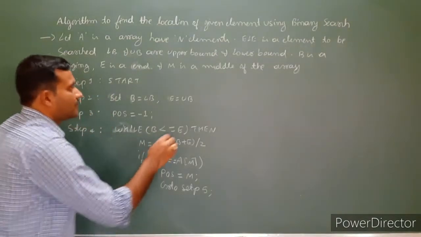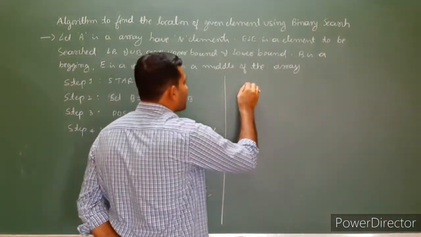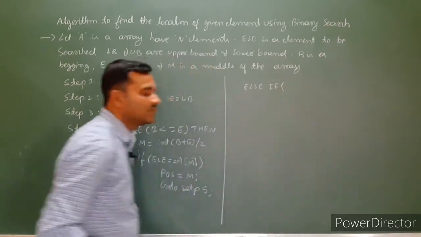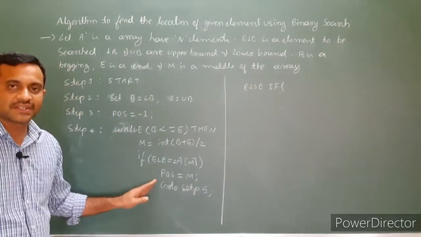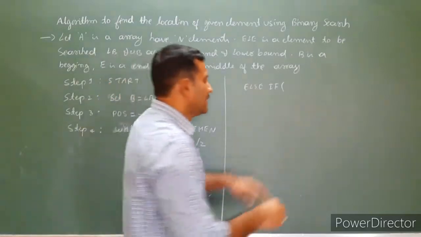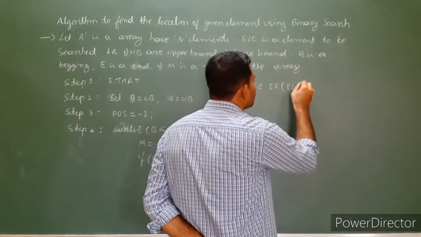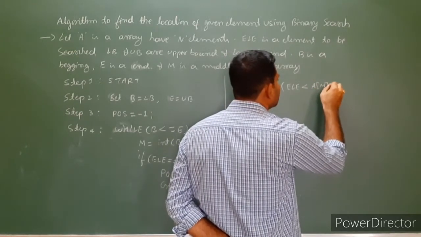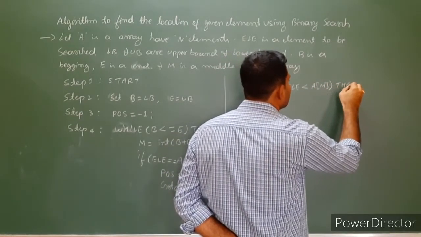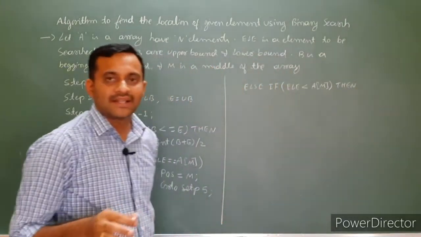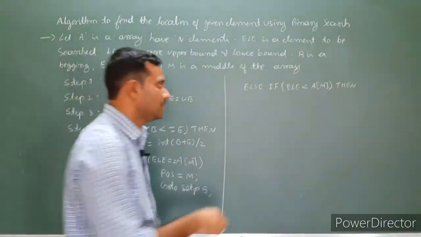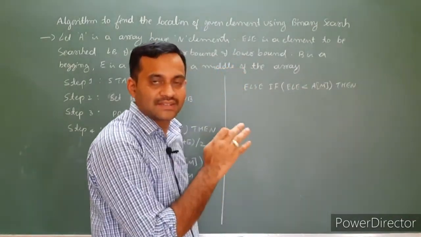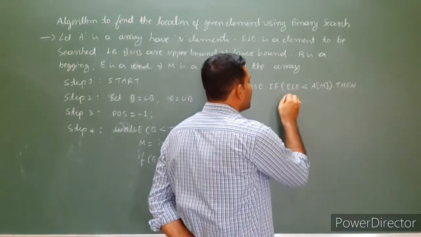Else, if this condition is false, move on to the else part. If element is less than A of middle value, then we have to modify the end.